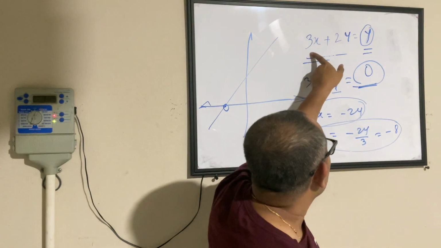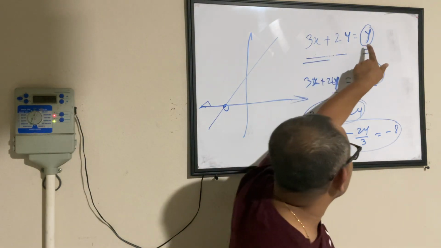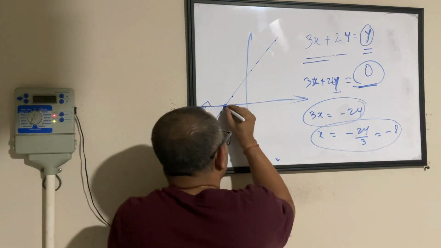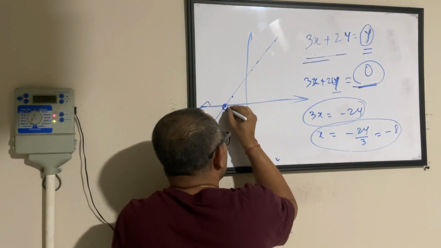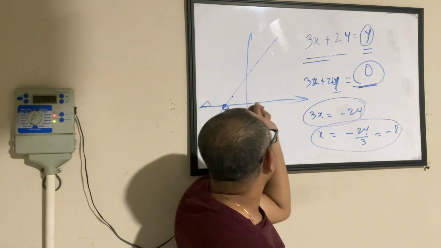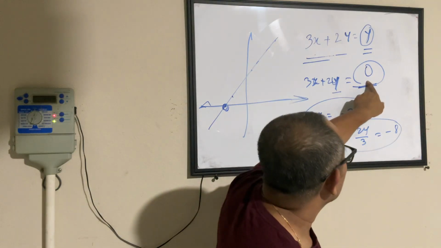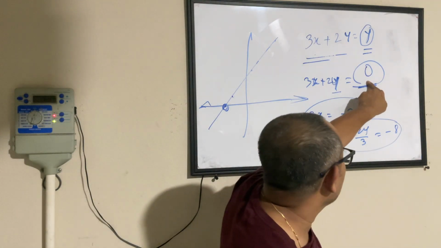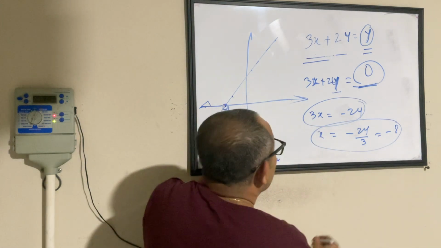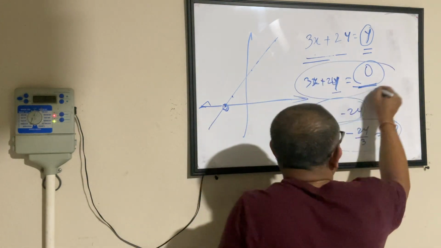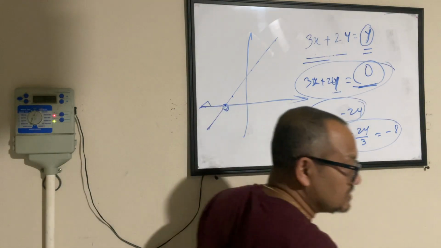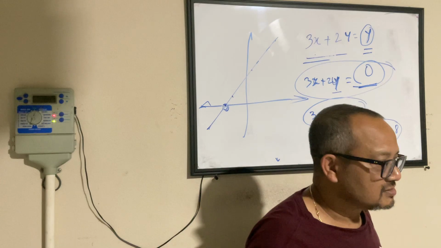The value of x which will give me a 0 has to be somewhere on the line, but it has to give a y of 0. That will be something on the x-axis. Meaning, if you find the zero of a polynomial, that will tell you where your line is intersecting the x-axis.